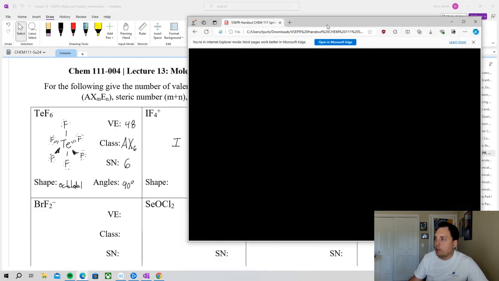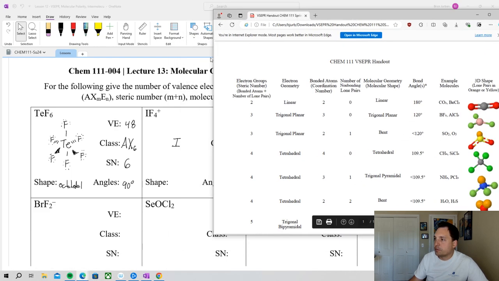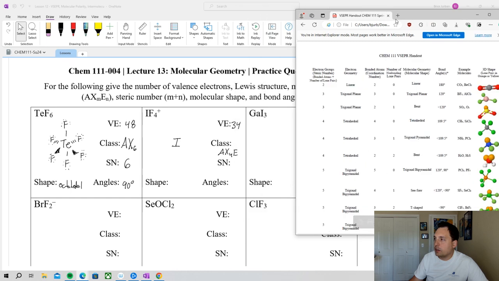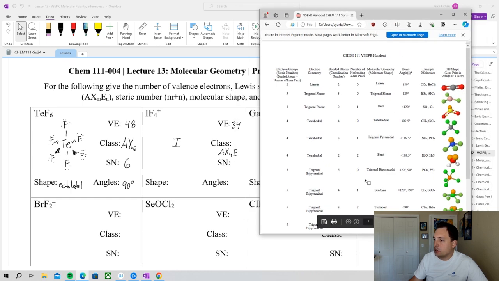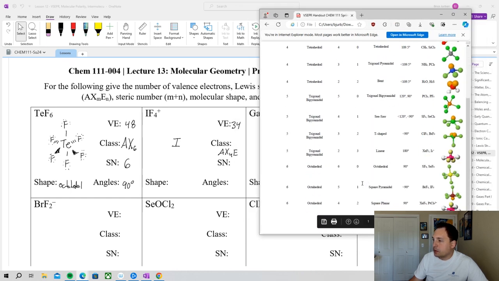And then we can verify that by drawing the Lewis structure. Now, if it's AX4E, this is going to be a seesaw shape. And you just find 4 and you find 1 here. This steric number is 5, meaning it has a trigonal bipyramidal electronic geometry. But what I want to know is what's the shape? It's a seesaw shape. And then here are my angles. Okay.